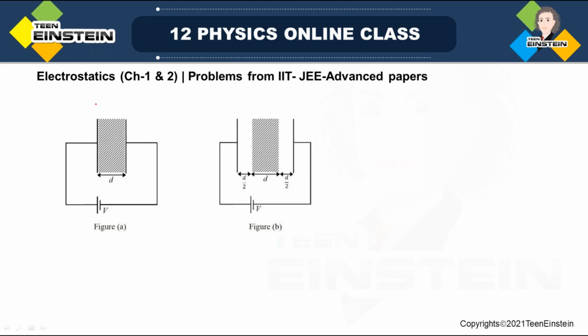So here C1 is equal to k epsilon 0 A by d. But in this case, let us say here the electric field is E1, this is E2, and this is E3.